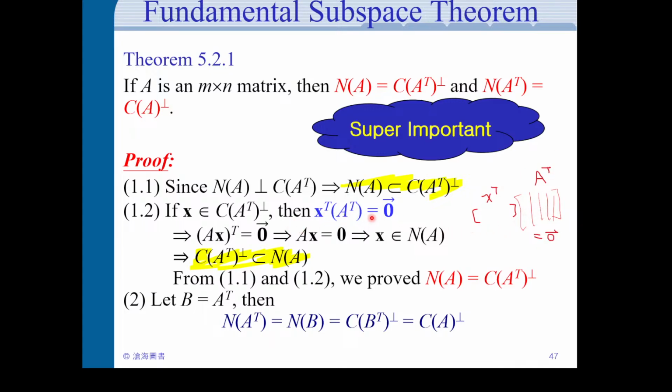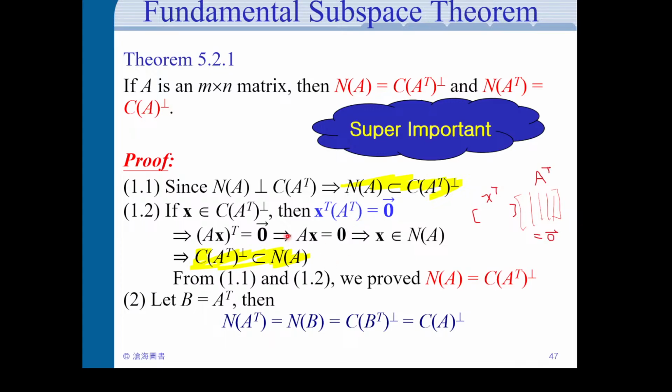Now with this we can forget about how those matrices are written out. We can just do this algebraically. So x transpose times A transpose is the same as, after taking the transpose of both sides of this equation, A times x. Now finally we are back to our column vectors. So we have A times x being the zero vector.